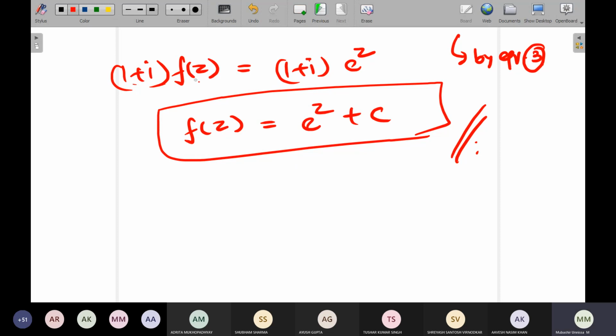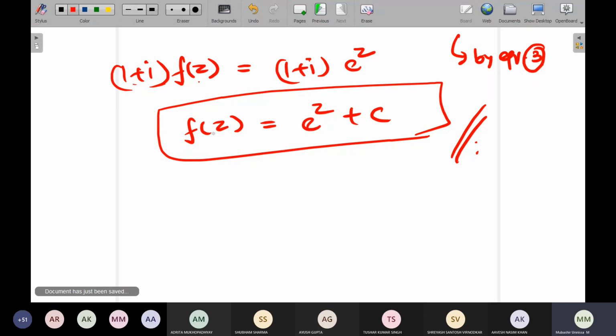What is capital F of z? 1 plus i into small f of z. So if you write 2, you will not understand. So you write 3. When you go back to 3, you know it is capital F of z. What is capital F of z? 1 plus i into small f of z. Yes. Okay. Next one.